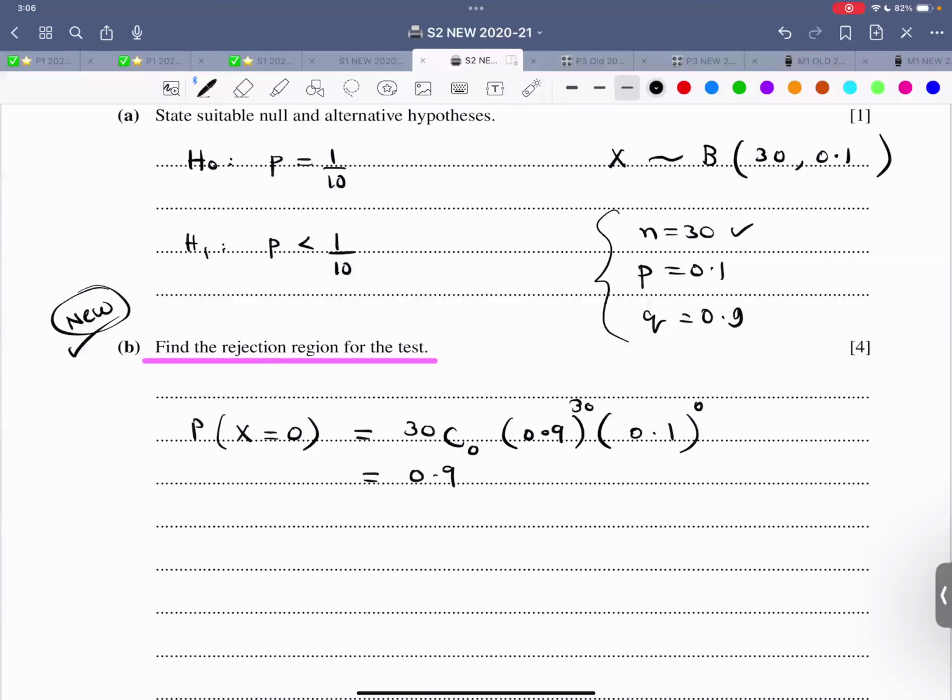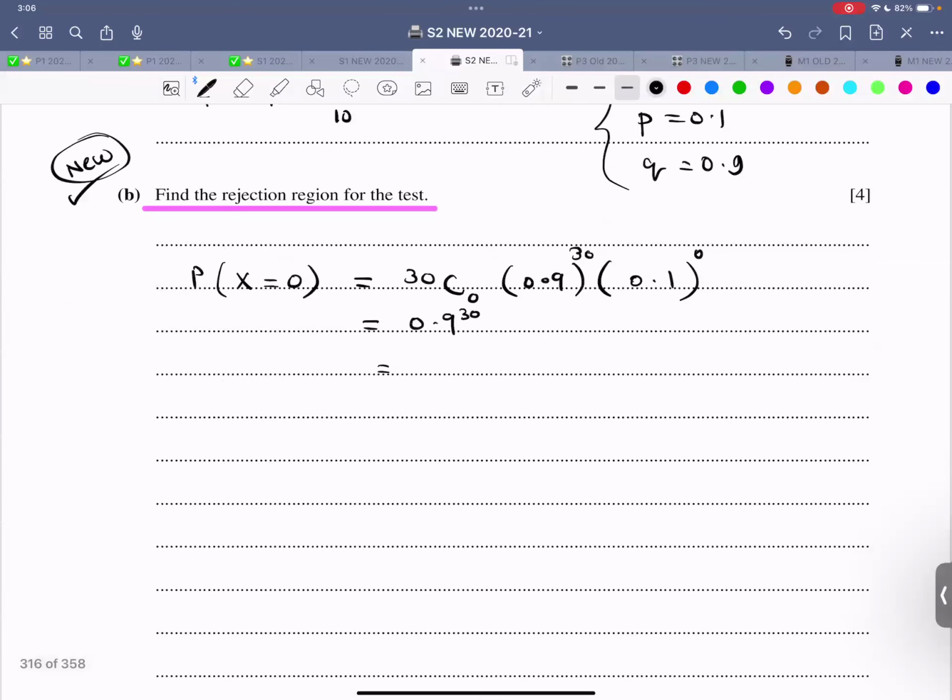This simplifies to 0.9 raised to power of 30. Let me grab the calculator. So now this is coming out to be 0.0424. Let me quickly convert it into a percentage, 4.24%.